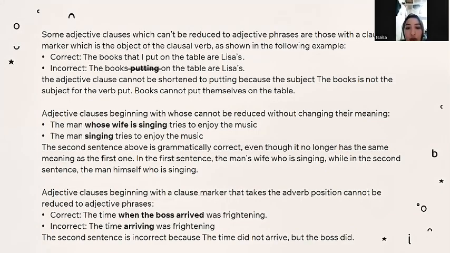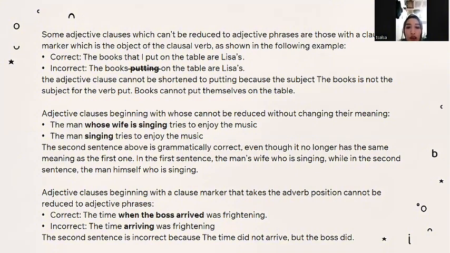Some adjective clauses which can be reduced to adjective phrases are those with a clause marker which is the object of the clausal verb, as shown in the following example. Correct: The book that I put on the table is Lisa's.